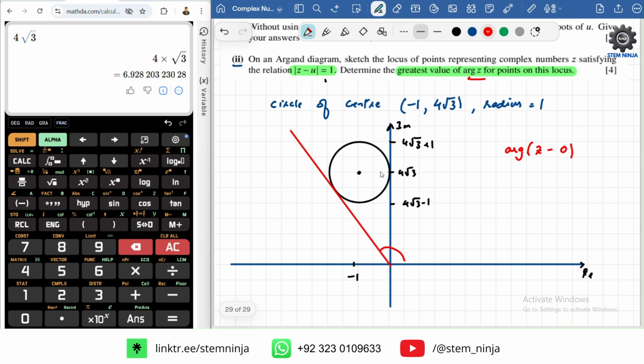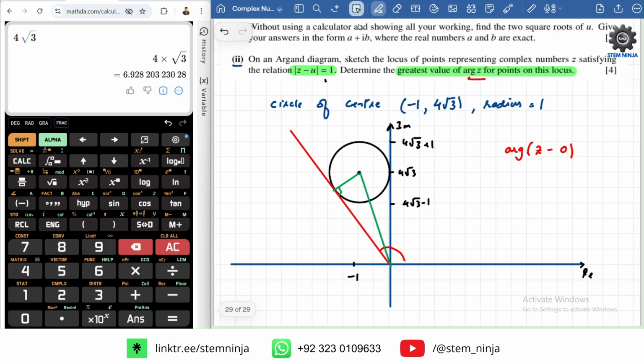To find this, we just have to use simple geometric properties, nothing more. So we use the circle theorem that this is perpendicular. That means there could also be a line like this joining the circle, like this. So rather than finding the full angle, we can split the angle into 2 parts. One is this part and the other being this part. Now both of them we can easily find out. Why can we find them? Because we know the distance.